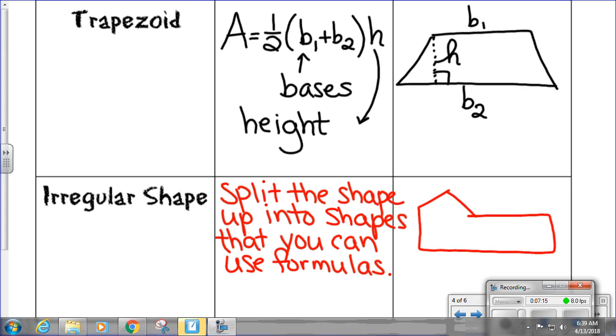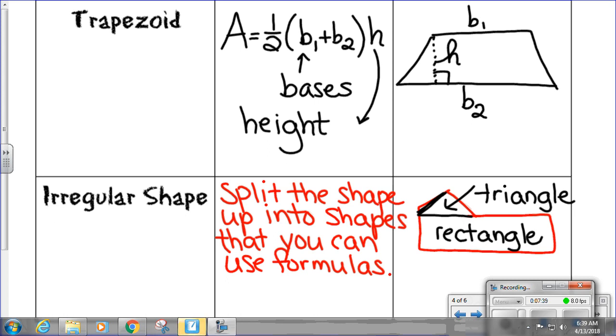So if I had this shape, it's a little off with my drawing, but I would want to extend this line over here. I'm going to kind of fudge this a little bit. And I made a triangle. I know the formula for triangle, so I would use 1/2 base times height for that part. And then this would be a rectangle. And I would use length times width for that part.